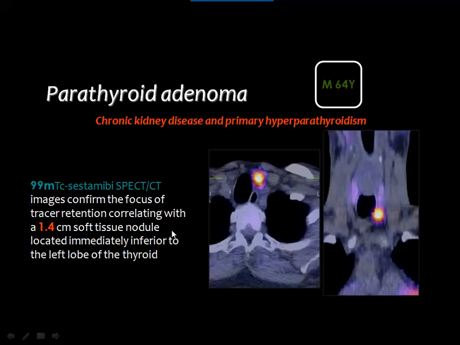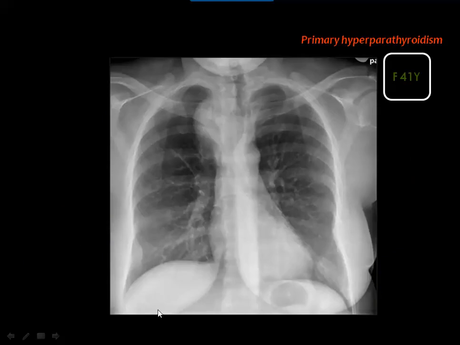This is what we call the technetium-99m sestamibi SPECT scan, which is the single photon emission computed tomography. This is a way to have anatomic details together with the isotope scan. Then you see an increased uptake here, which is located in the parathyroid adenoma along the inferior border of the left thyroid lobe.